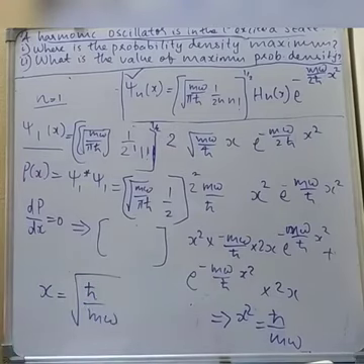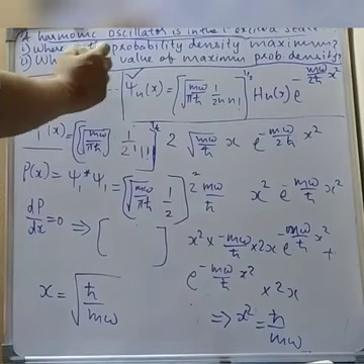So we have the value of x at which p is an extremum. After differentiating, we have equated it to 0. So we have the condition that at x equal to square root of h cut by m omega, we will have the probability value maximum.